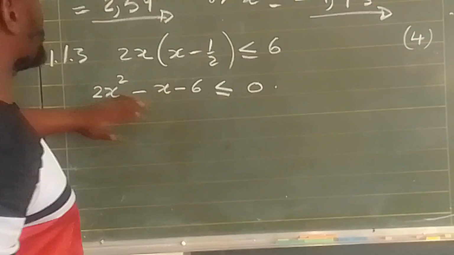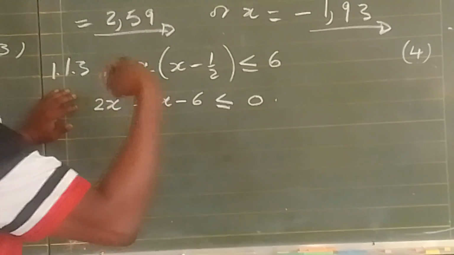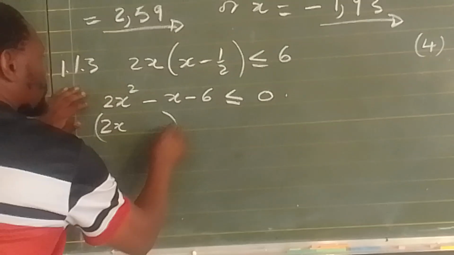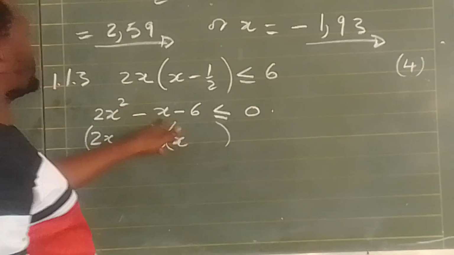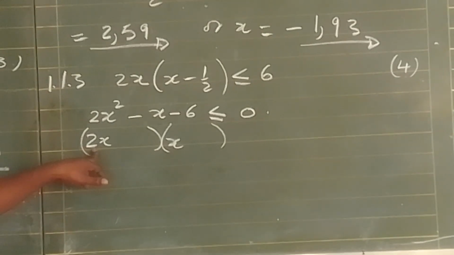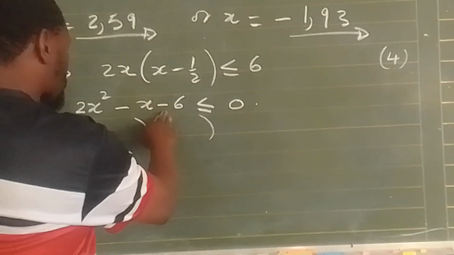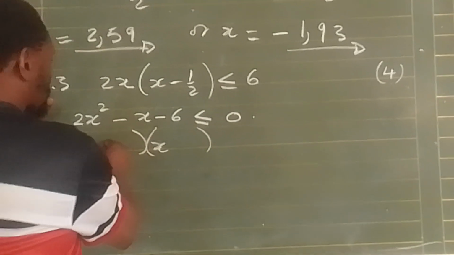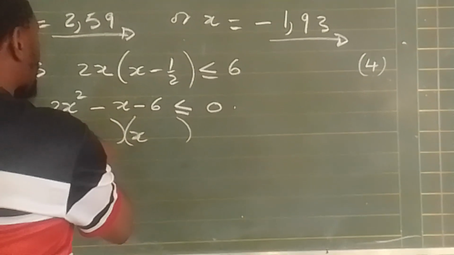Now, let's see if we can reduce. Reduce means we can find the factors. 2x, x. The factors of 6 that will give us 1 after multiplying with these 2x: they are not the same, we should have a negative.